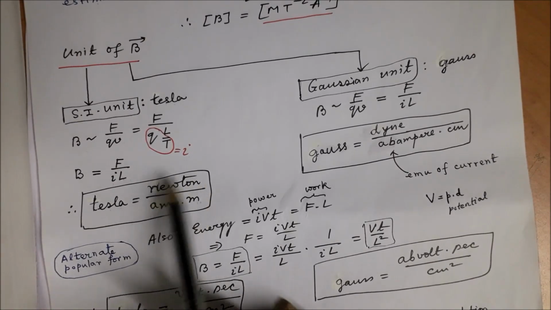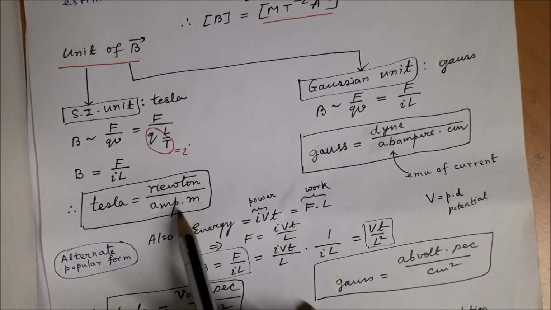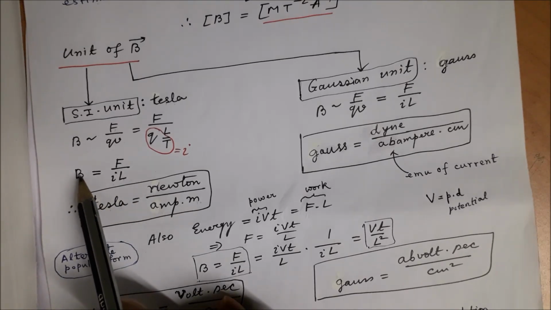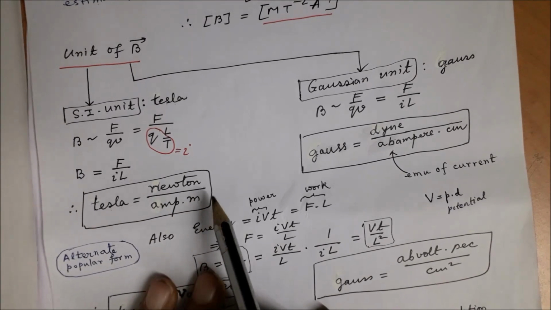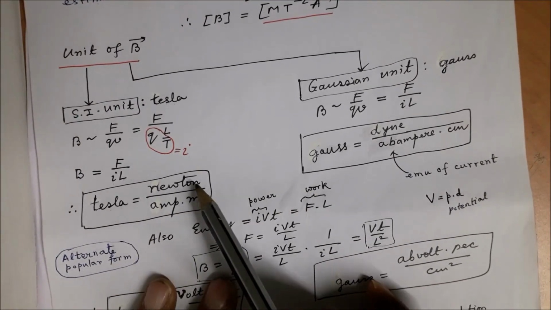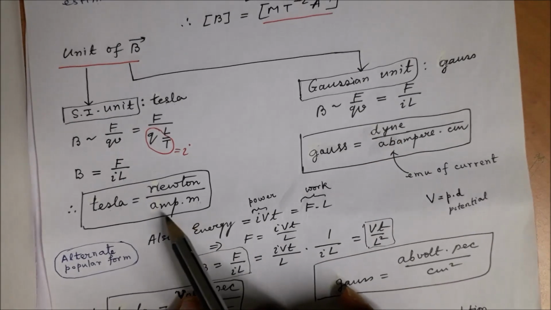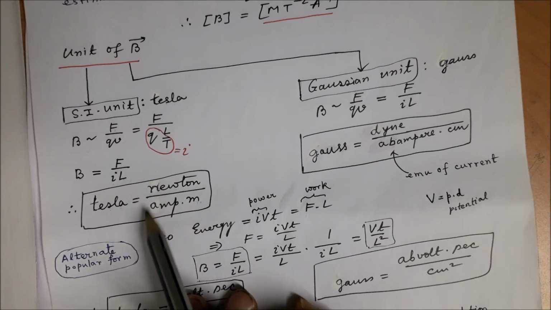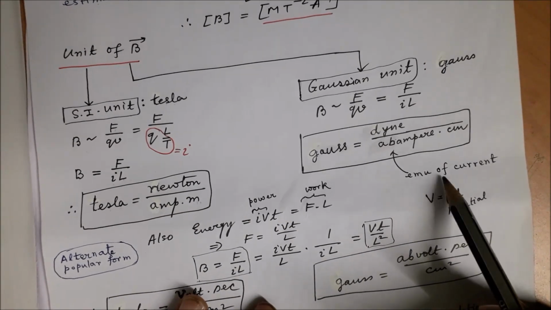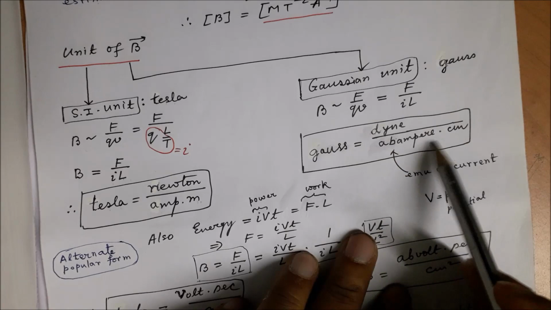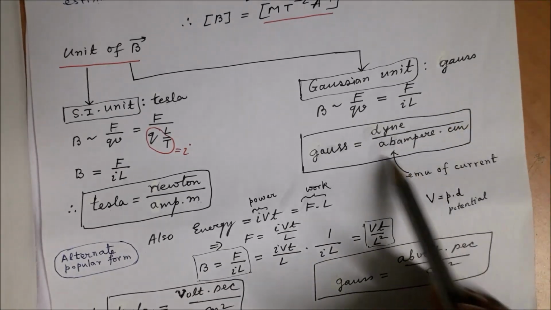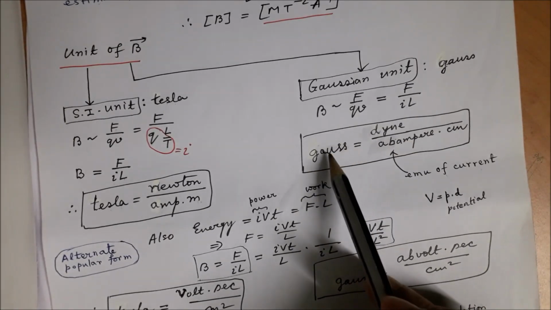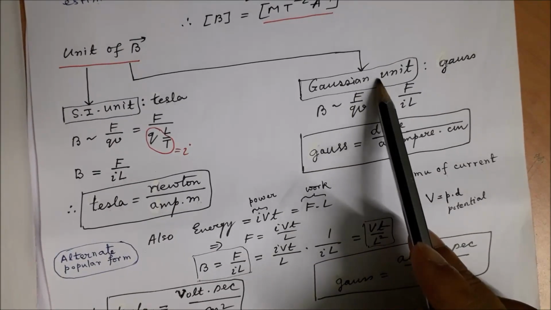So this combination of units, Newton per ampere per meter, is defined as Tesla, which happens to be the unit of B. In a similar way, in the Gaussian system, instead of Newton we will have dyne, instead of meter we will have centimeter, and instead of ampere we will have the electromagnetic unit of current, which is abampere. This combination of units stands for what we call Gauss, which is the Gaussian unit of B.